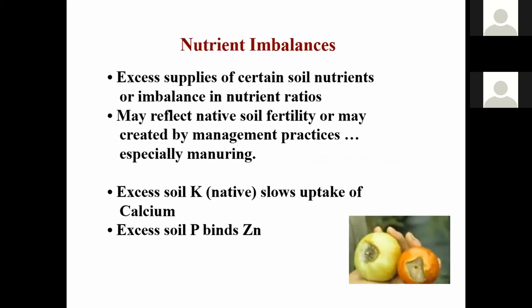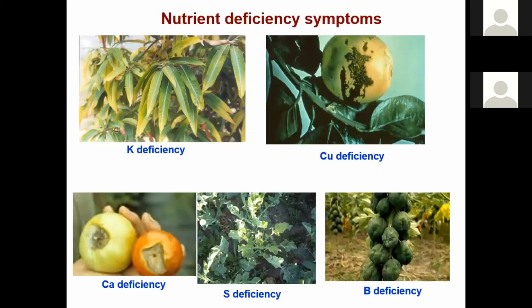Sometimes we have nutrient imbalance in our soils. One nutrient may be in excess, and another may be bound. For example, if you have excess potassium, that will avoid the calcium uptake. Similarly, if you have excess phosphorus, that might bind your zinc, so its availability is reduced.